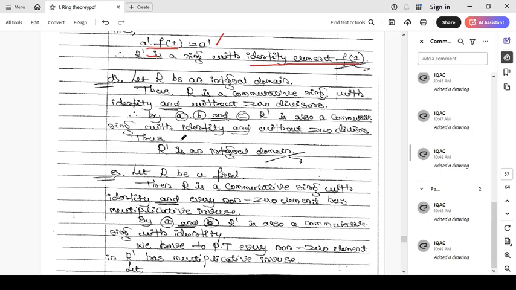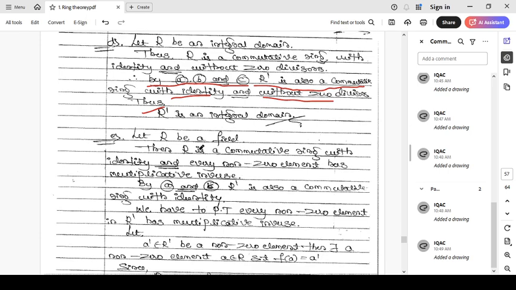Then we can say that R is an integral domain. So if you observe the three conditions A, B and C, we can say that R dash is also a commutative ring with identity and without zero divisors. Therefore R dash is an integral domain.